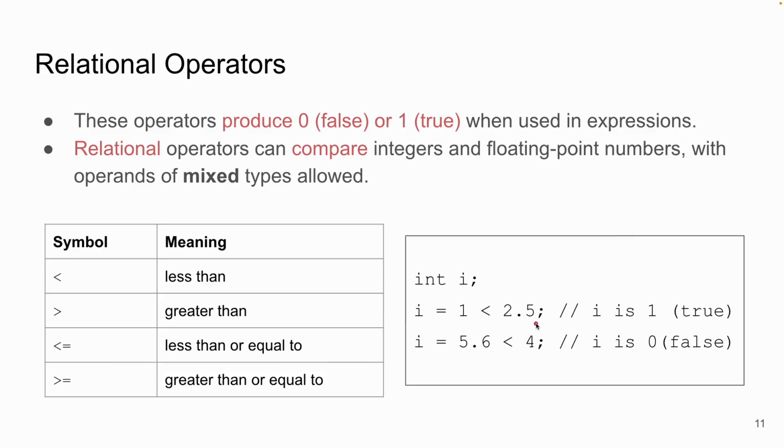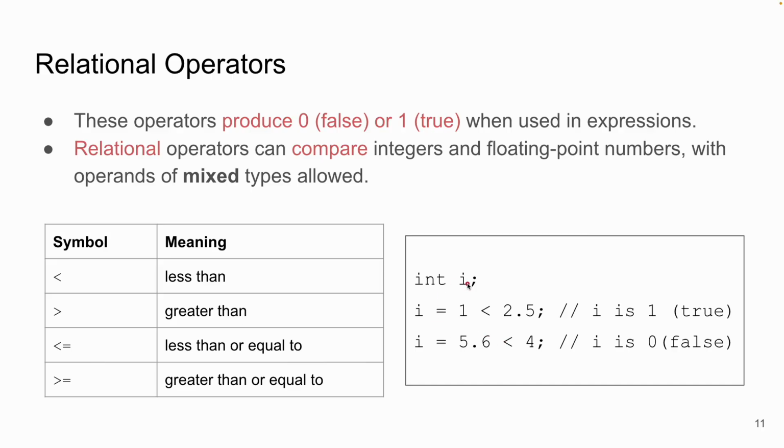We can even compare a floating point and an integer number at the same time. So it is okay if you mix the types when you use the relational operators, because the purpose of the relational operator is to produce true or false.